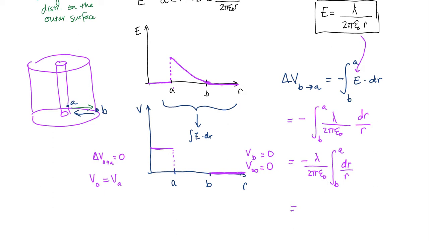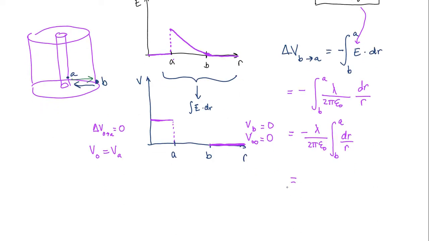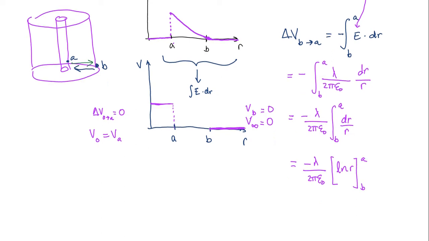Now we know this one: the integral of 1 over r with respect to r, or 1 over x with respect to x, is the natural log of x. So what's going to happen here is I have negative lambda over 2 pi epsilon naught, and then the natural log of r from B to A. Now I'm going to put in my values here, so I'm going to have negative lambda over 2 pi epsilon naught times the natural log of A minus the natural log of B.